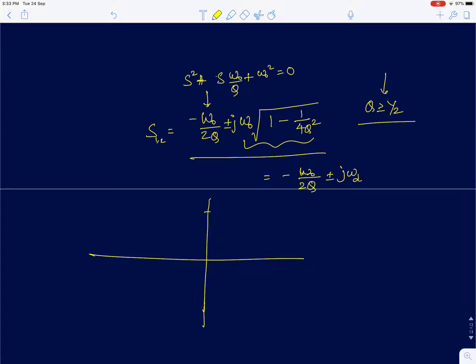So you have the poles on the j omega axis, and I'll draw the real part, which is minus omega naught by 2Q.